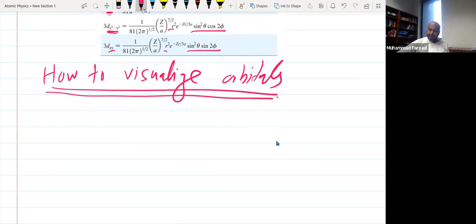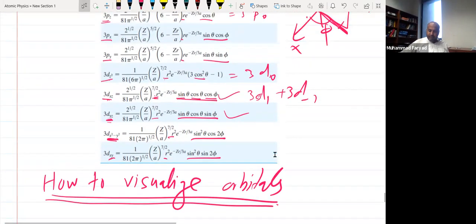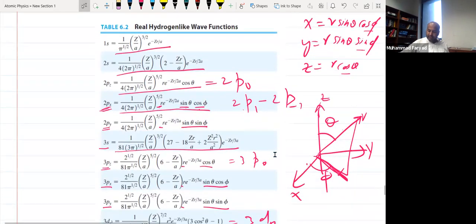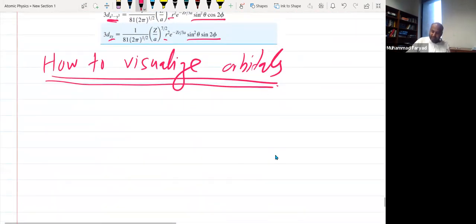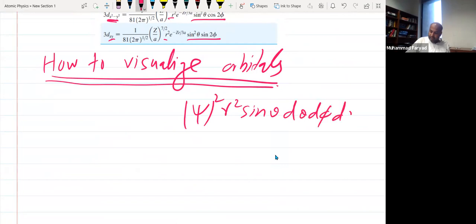To visualize them, we have to work out this thing, which is the total probability of finding the particle in a small spherical volume region. So to plot them, we have to work out this function.